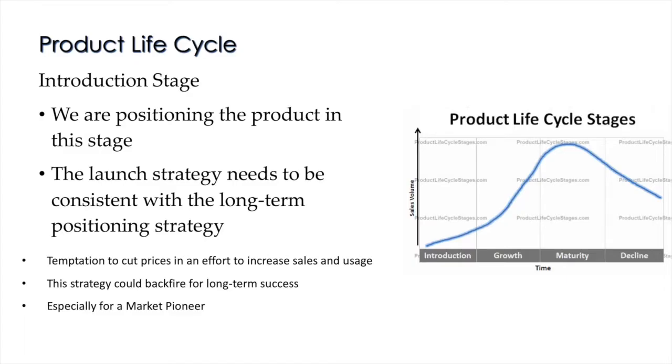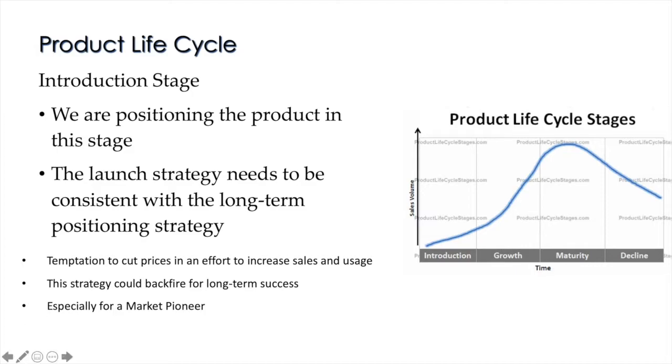All right. So we're still in the introduction, but we are positioning the product. Remember, we position that product in the concept stage. It has to be long-term strategy. There could be an effort: well, what if we just cut prices right now? Maybe more people will buy. What are our margins? We are going to look at pricing as one solid lecture, and we'll look at what happens when you cut your pricing, because obviously when you cut it, you're cutting your profitability, and it's very difficult, if not impossible, in today's marketplace to re-raise prices.